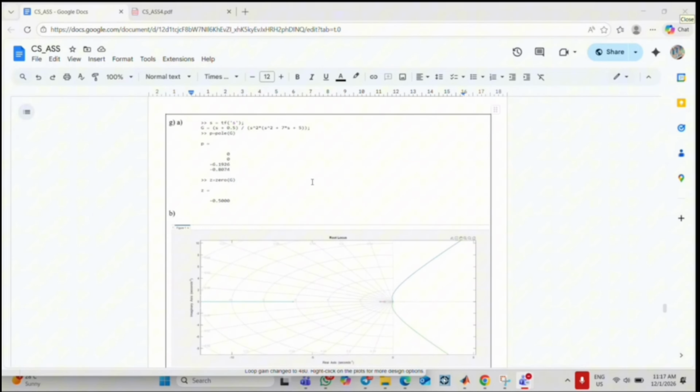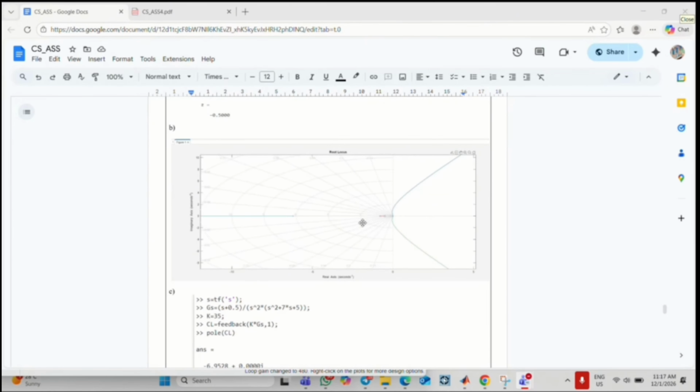For question G, this is the proof that the poles are 0, 0, negative 6.1926 and negative 0.8074, and the zero is negative 0.5.